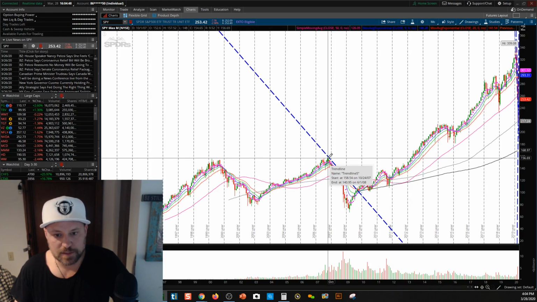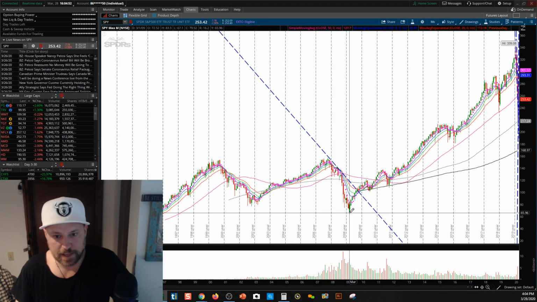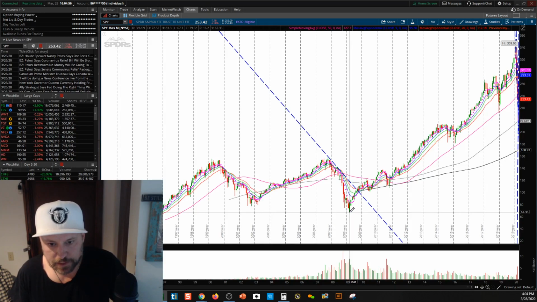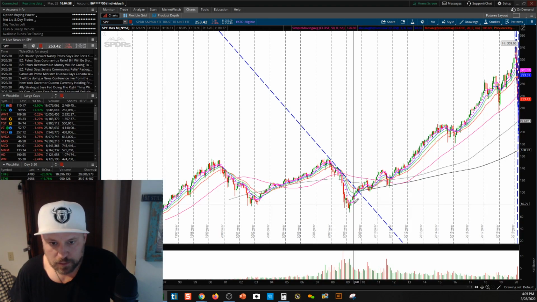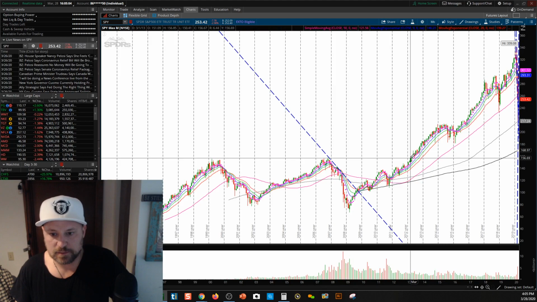So in 2007, all the way into 2008, when did it get back to $156 again? All the way over here in 2012, so about 5 years.